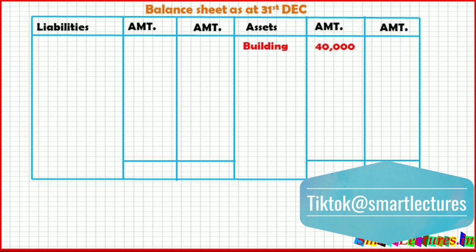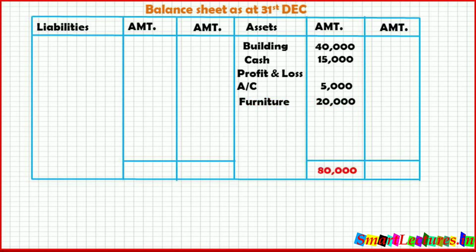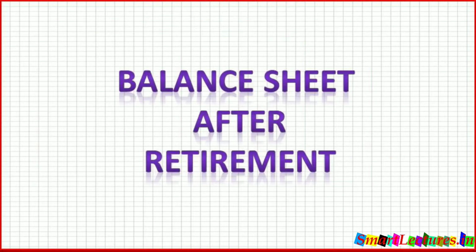In the first column, building 40,000, cash 15,000, profit and loss account 5,000, furniture 20,000, total 80,000, A's capital 30,000, B's capital 20,000, C's capital 5,000, general reserve 10,000, creditors 15,000. Now after that, we are going to prepare the new balance sheet after retirement.